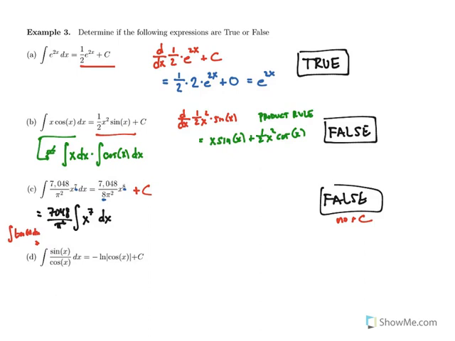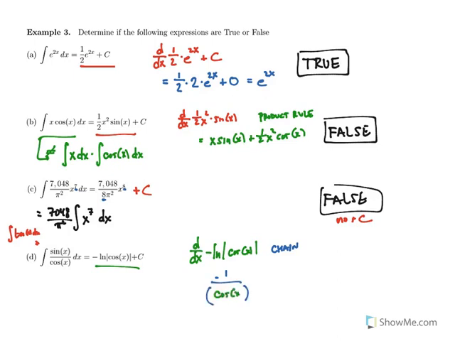But we can test this is true by just taking the derivative of negative natural log of absolute value of cosine of x. We need the chain rule there. The derivative of negative natural log is going to be negative 1 over something.